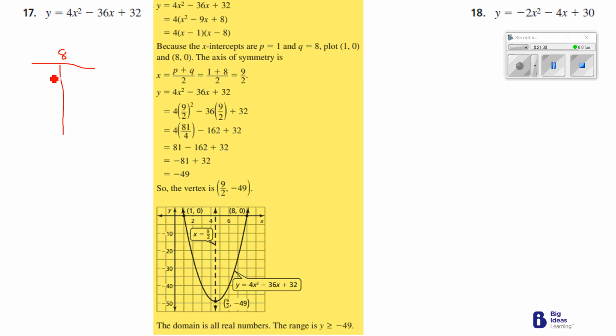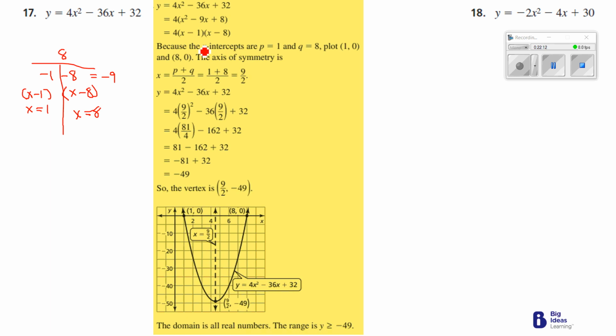I know that 1 times 8 will do it, and a negative times a negative is a positive. But negative 1 and negative 8 make negative 9, so that works perfectly because we needed a negative 9. So we're going to have x minus 1 and x minus 8, which of course gives me my x-intercepts: x equals 1, x equals 8.